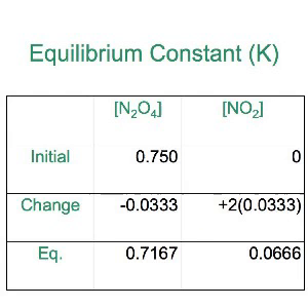K equals 0.0666 squared divided by 0.717. I solve for K and I get 0.00619, which is not exactly 0.00592, the value of K we know, but it's close enough to be okay for this.